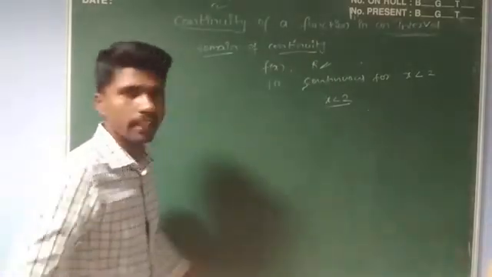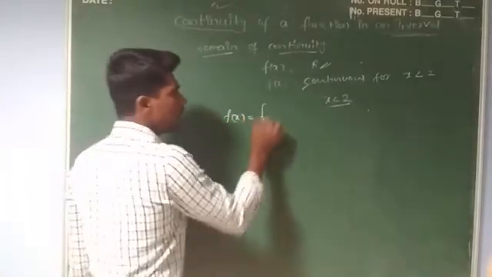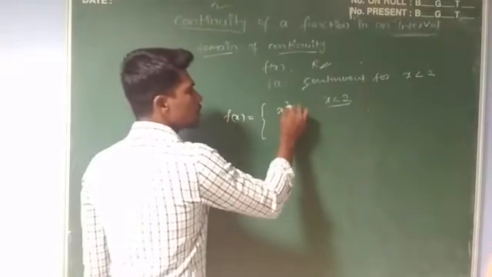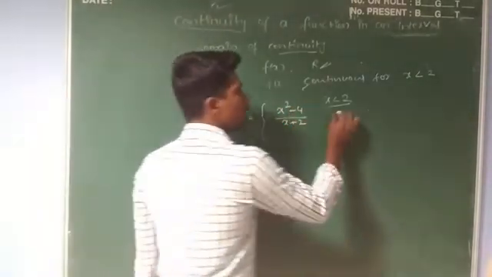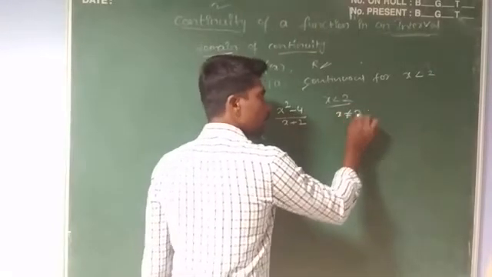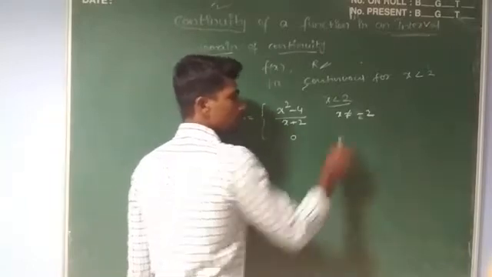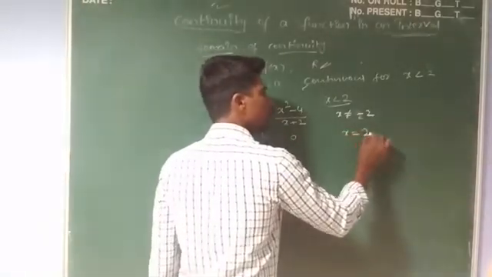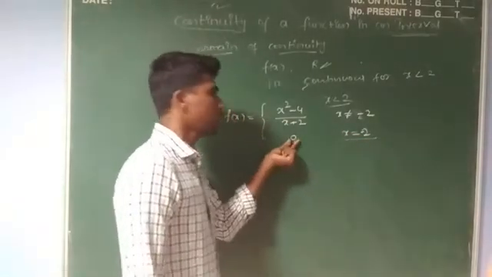If I take an example, f of x is defined as x square minus 4 by x plus 2 for all x not equal to minus 2, and 0 for x equal to minus 2. If x is minus 2, we get f of x as 0.